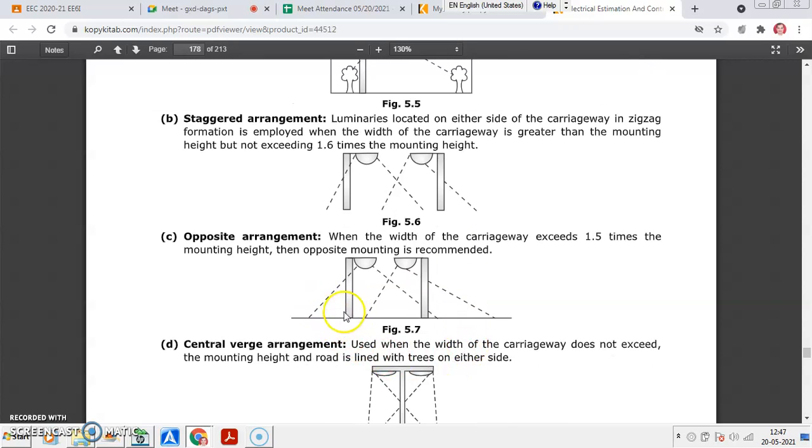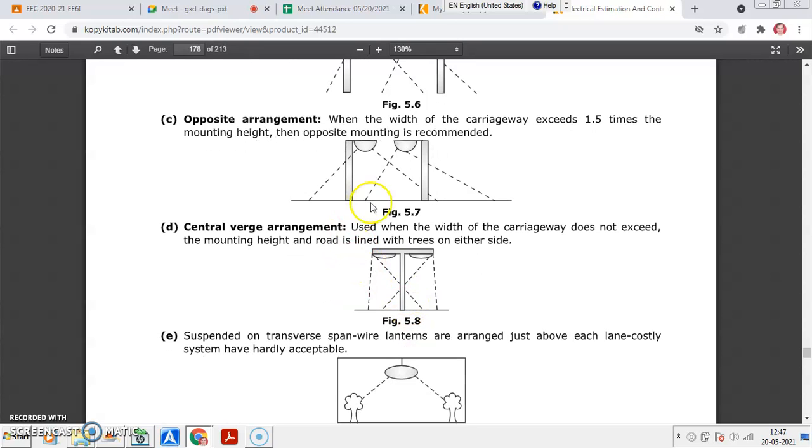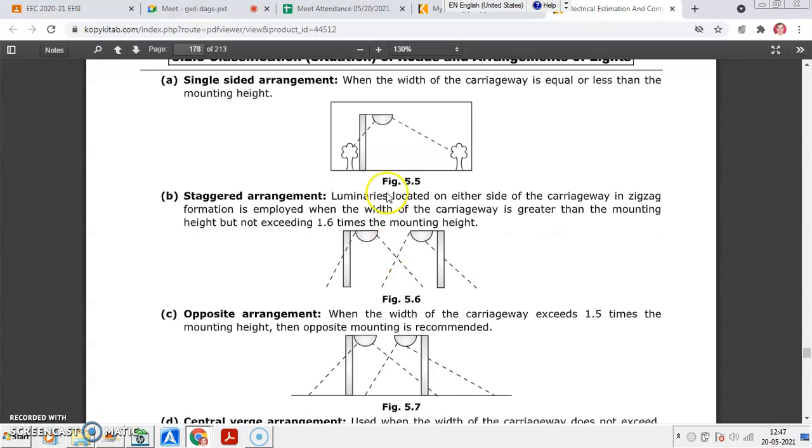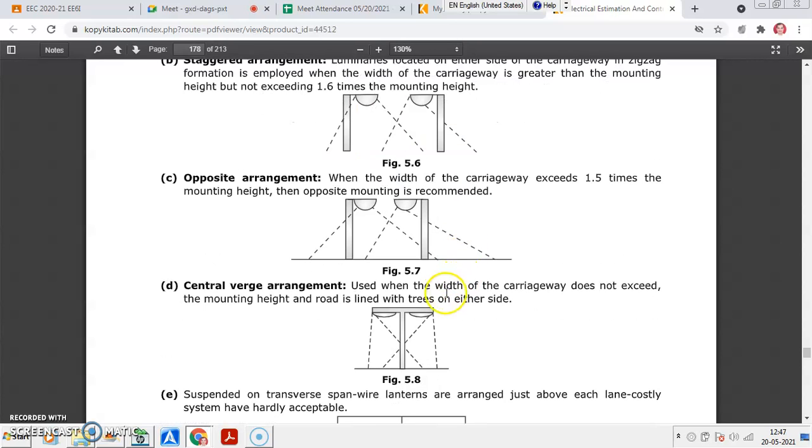Suppose the road is a little bit more wide. Then normally by doing this opposite arrangement, or this zigzag arrangement, or this single arrangement, you may have the divider already provided at the center, and you are having these trees provided on the opposite sides.